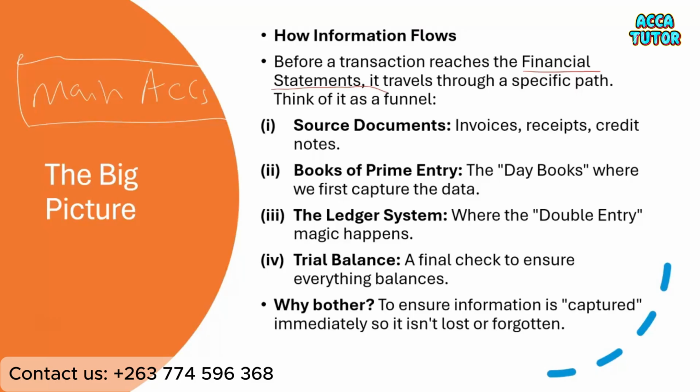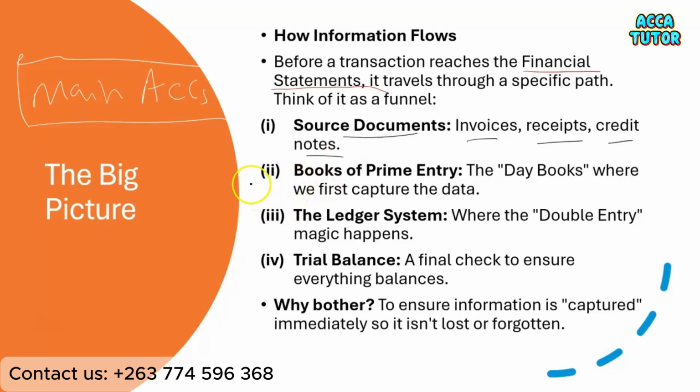There should be a trail through which the figure has traveled, some audit trail. There should be source documents like invoices, receipts, and credit notes. Before we see a figure in the financial statements, we need to see the source documents.